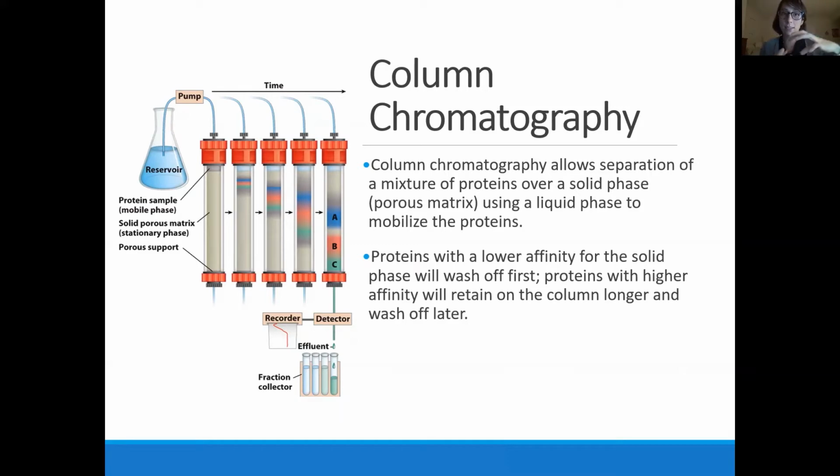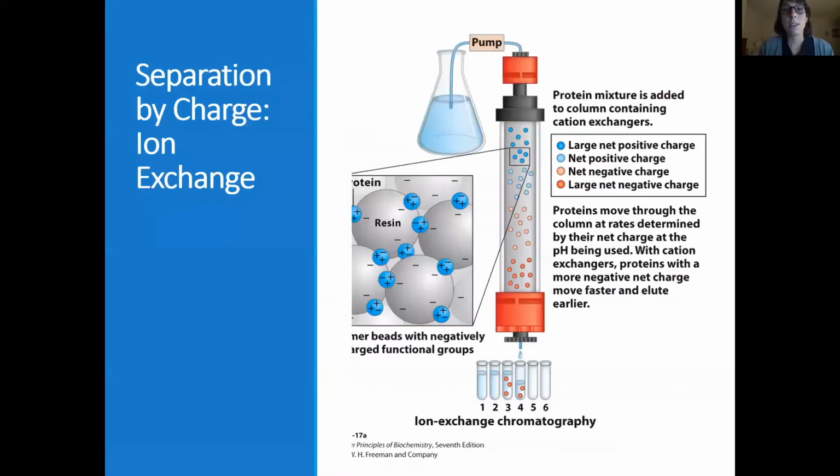Using this, we can separate out a mixture, and usually we get bands of different proteins that come off of our column at certain times. And by collecting each band and then testing it via other means, we can isolate our particular protein of interest. Now, there are different types of column chromatography, and they're going to use different types of phases for their column.